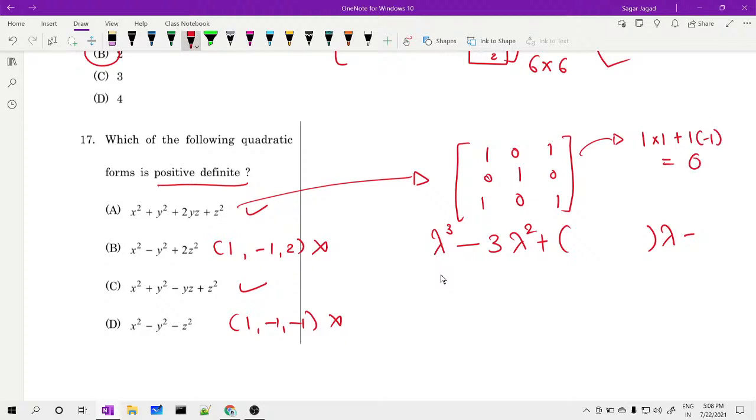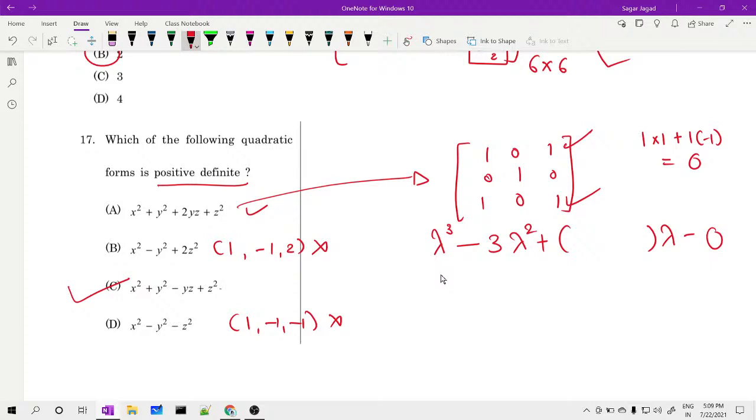Oh, it's done. If the determinant is 0, it cannot be positive definite, so answer C is correct. You can directly see the first and third rows are the same, hence the determinant should be 0. They are linearly dependent, right?